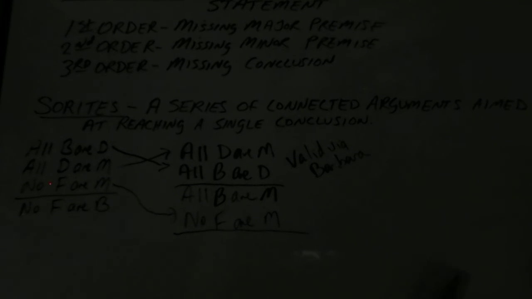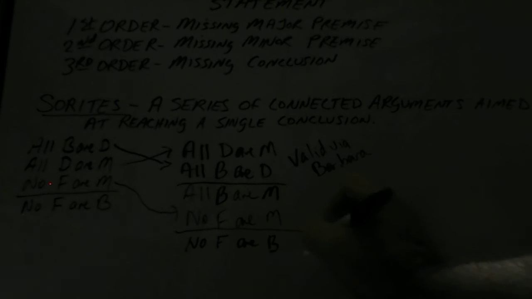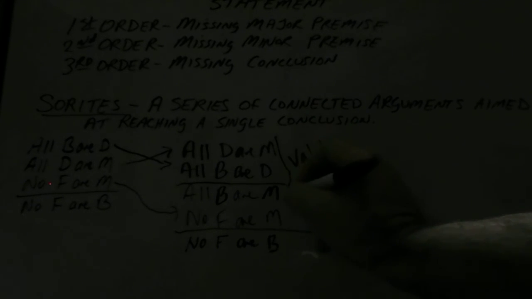And if we look on our list, we'll see that there is an AEE figure 2, Camestres. So, AEE figure 2, we know the conclusion has to be an E statement, so that's no F are B. M is the middle term on this one, so F is the minor, B is the major. Okay. And so that argument was valid via Barbara.